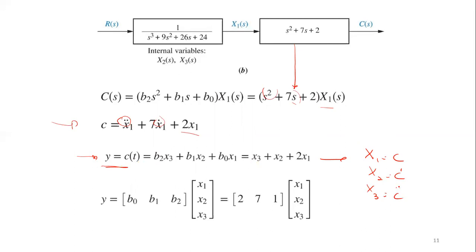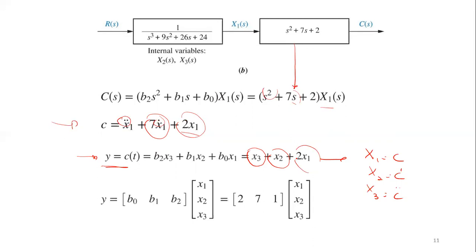So what happens here is that x1 double dot is equal to x3, which is the state variable that we defined, x1 dot is equal to x2, and 2x1 is equal to 2 times x1.